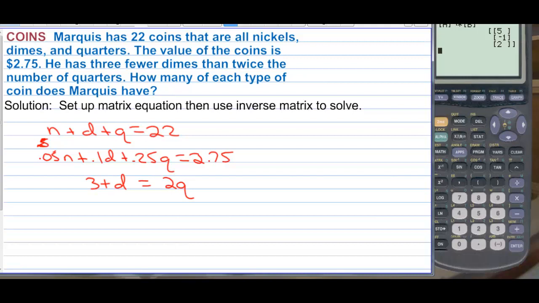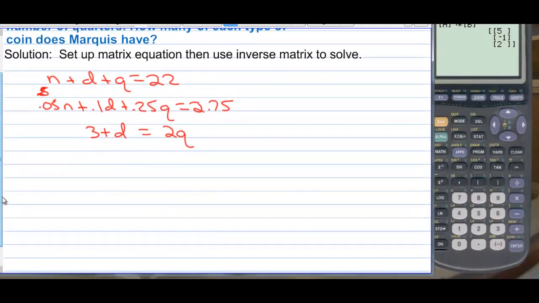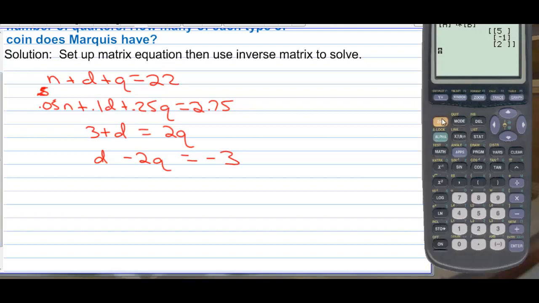Set up a matrix equation, then use the inverse matrix to solve. We have dimes minus 2 quarters is equal to negative 3. We can go into matrix and edit B, and this is a 3 by 1, and it's 22, 2.75, and negative 3.